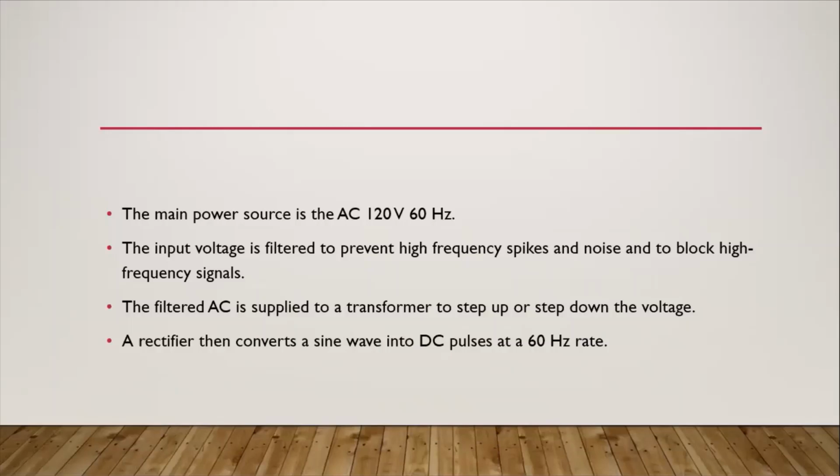Pinifilter ito para iwasan yung high frequency spikes at yung mga noise na nagdudulot ng interference sa ating main power source or input voltage. That is the function of a power supply.